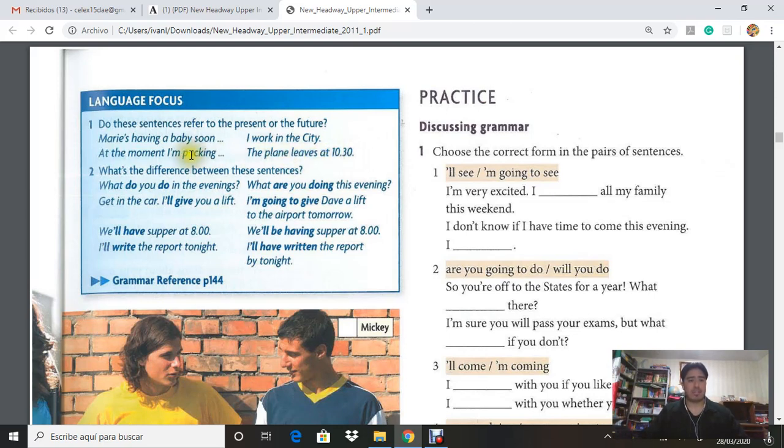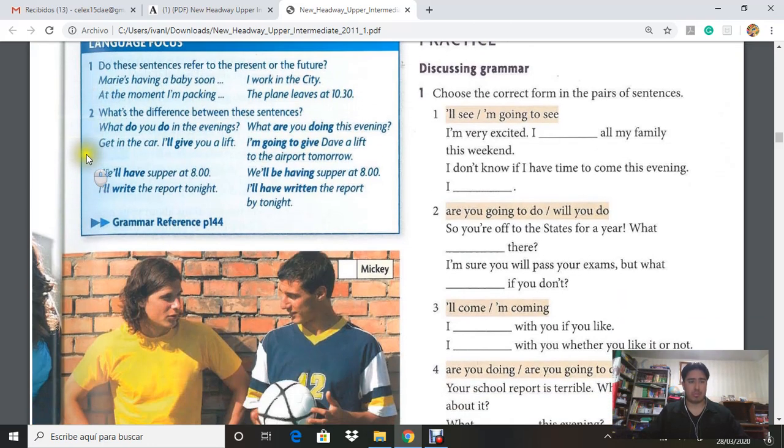All right, so now let's move on to the point number 2. The question says, what's the difference between these sentences? The first pair: what do you do in the evenings? What are you doing this evening? The second pair: get in the car, I'll give you a lift. And in front of that we have, I'm going to give Dave a lift to the airport tomorrow.